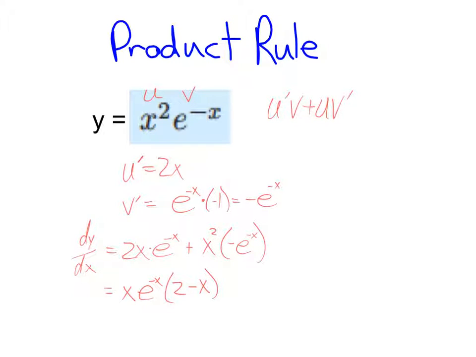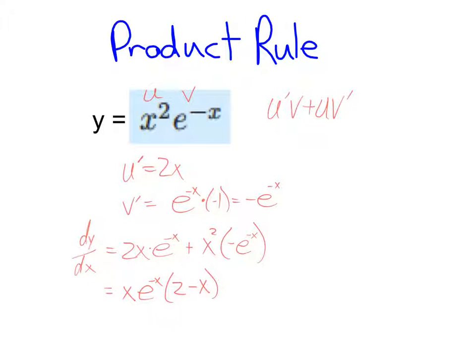When is e to a power going to be 0? Never, because it's an exponential, and the exponential has an asymptote. So just keep that in mind here. This will never equal 0, but we get 0 and 2 as 2 points where our derivative will equal 0.